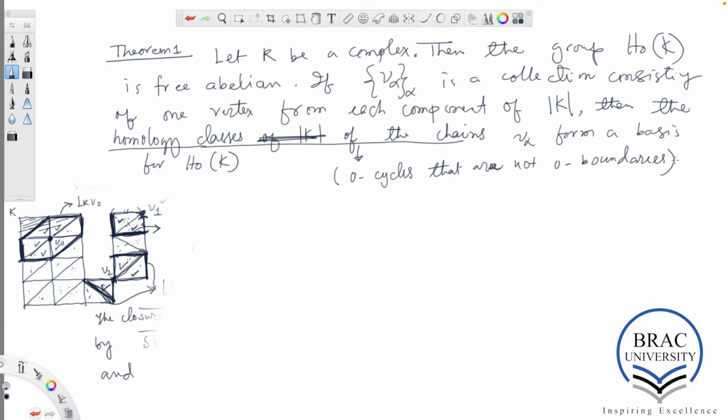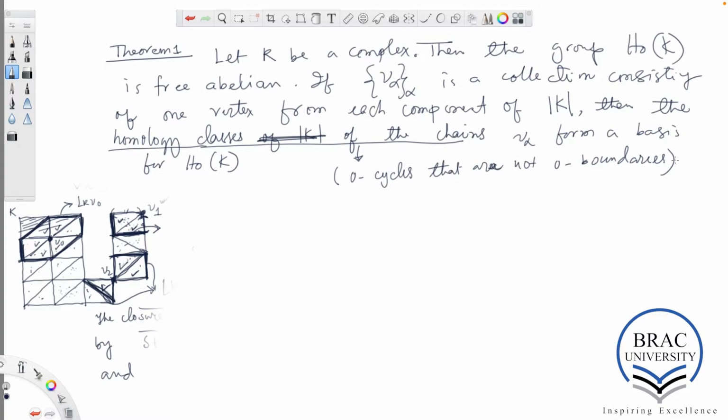These are called homology classes of the chains. And we'll see later how reduced homology appears in this context. For the moment, just think of it as zero cycles that are not zero boundaries.